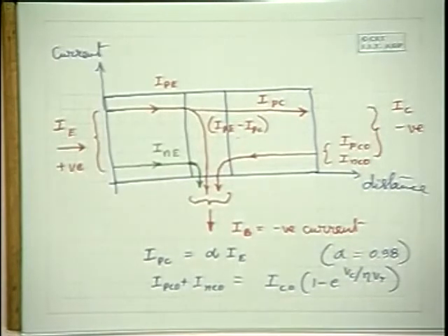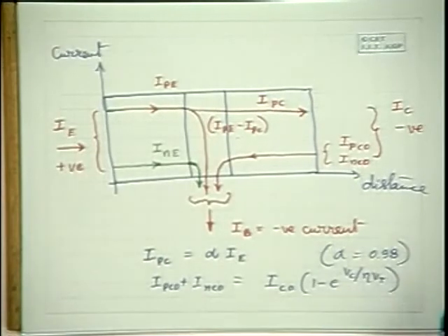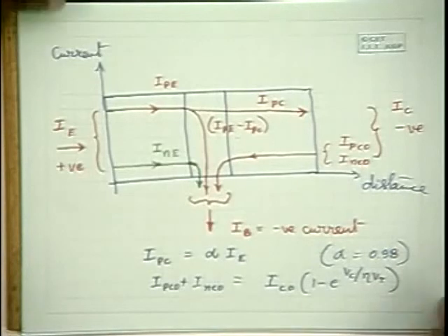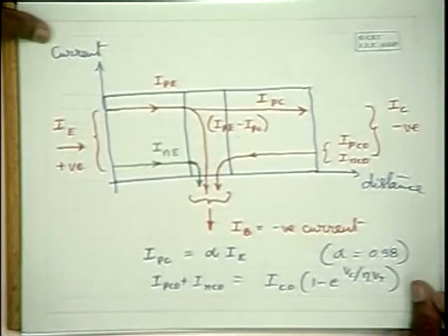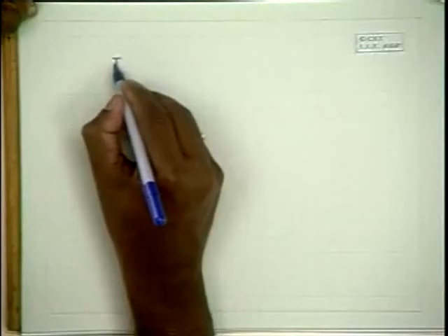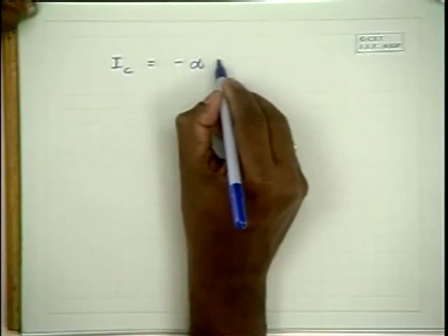This is very small, of the order of a few nanoamperes in the case of a silicon transistor, and a few microamperes in the case of a germanium transistor.